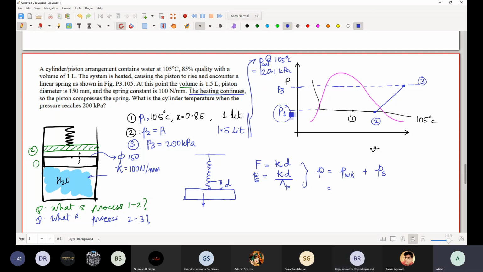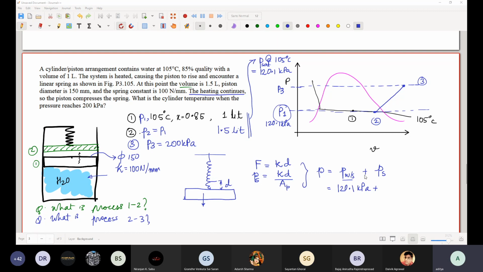So this pressure without spring would be 120.1 kilopascal.